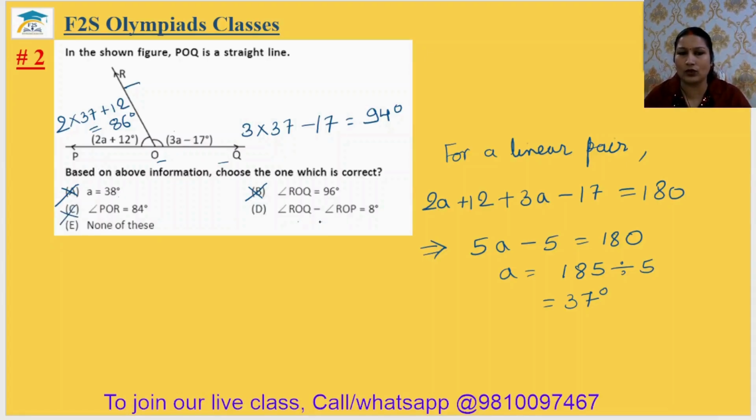Angle ROQ is 94 degree minus ROP 86 degree. Once you subtract it, you will get 8 degree. It is written 8 degree. It means option D is the correct option. The second answer will be option D.